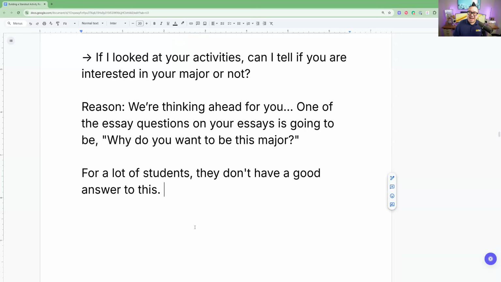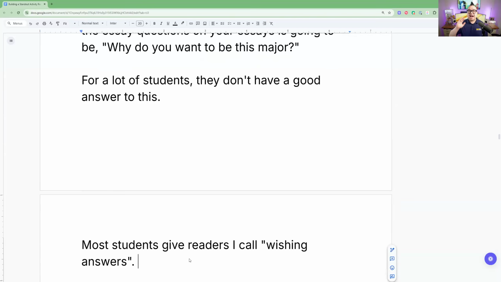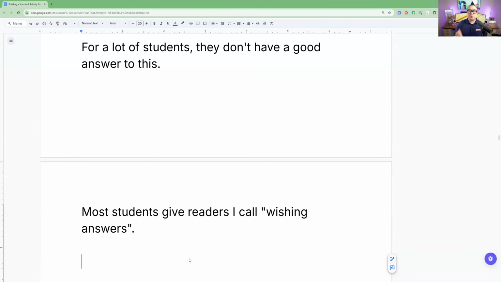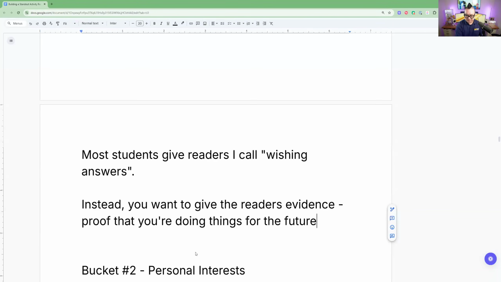They always give me an answer like, oh, I want to do business because I want to make money. I want to do computer science because I want to build code. Most students give readers what I call wishing answers, meaning I wish I'm going to do this in the future. Instead, you want to give the readers evidence, like proof that you're doing things for the future. I call these evidence-based answers the key.